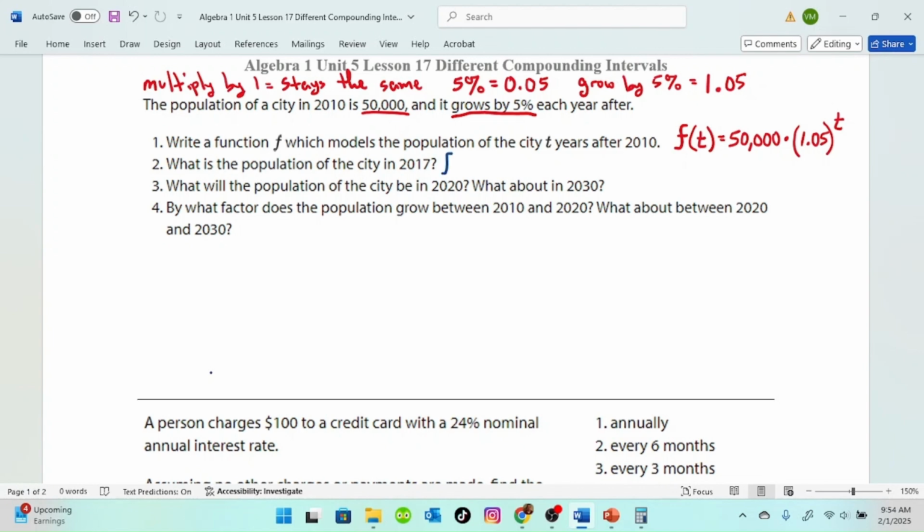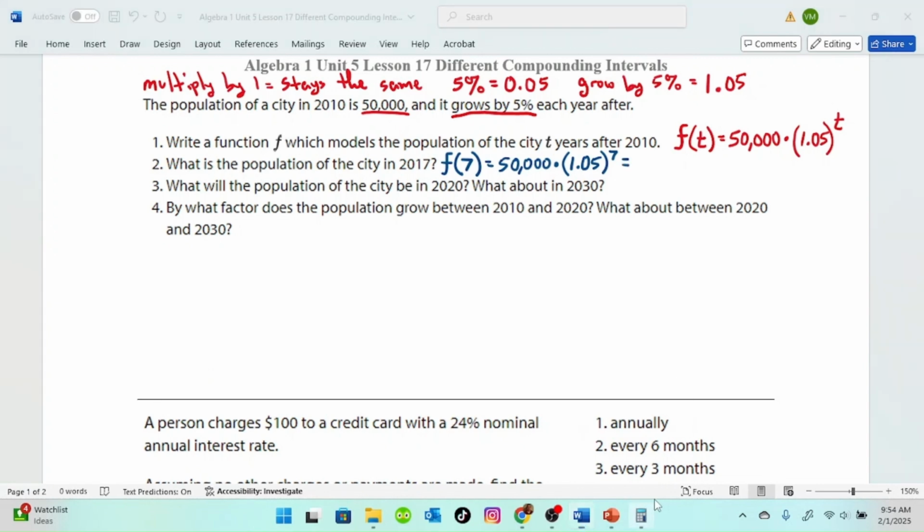So we want to say f of 7 equals 50,000, which is the original population, times that growth factor of 1.05. The 1 maintains the population, while the 0.05 grows it by 5%. And now our exponent is going to be 7.